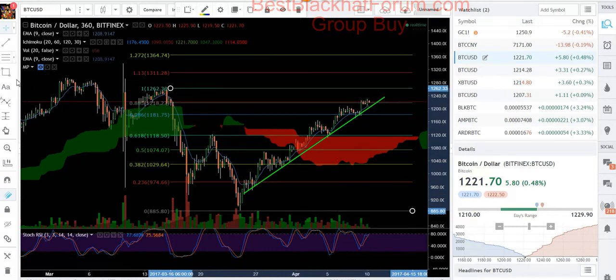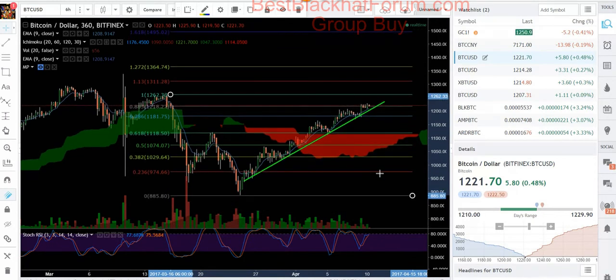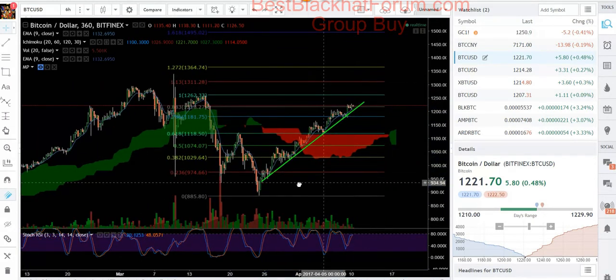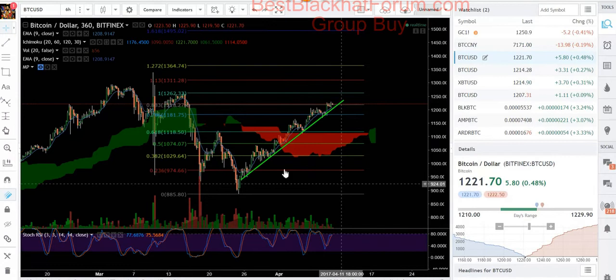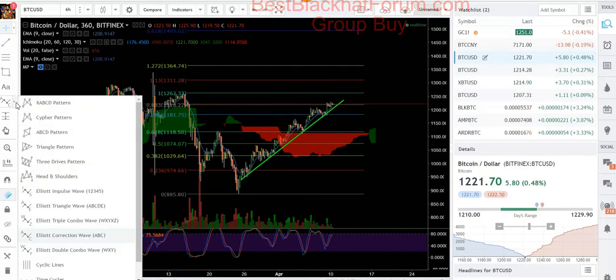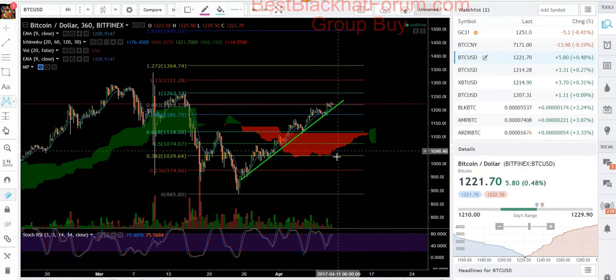Because what this move here is also painting, and we can only briefly touch upon harmonics in this course because there's just not enough time, is a deeper layer of how Fibonacci relates to price. It's basically just another way of drawing Fibonaccis, but how they make harmonic patterns.